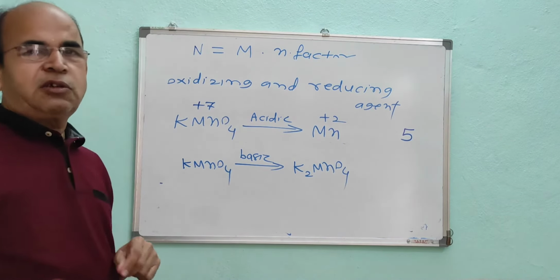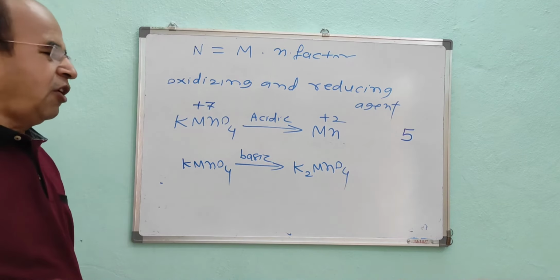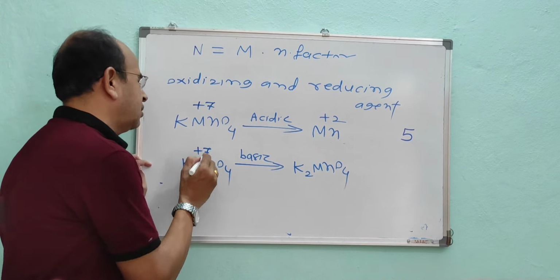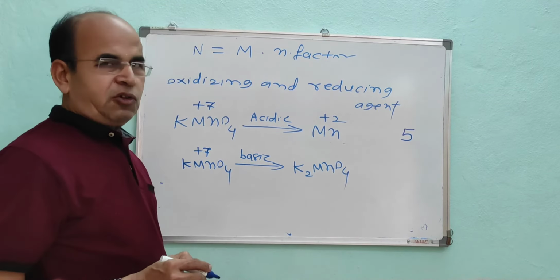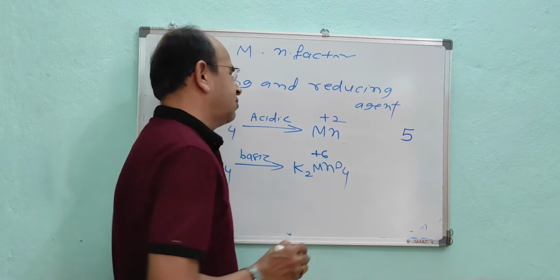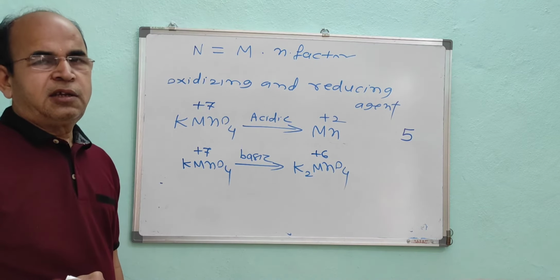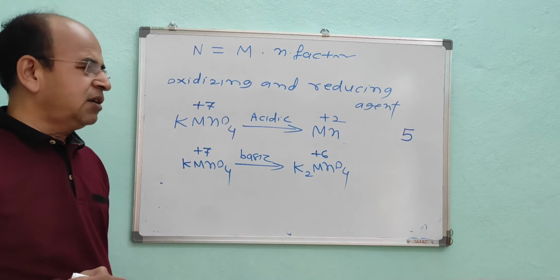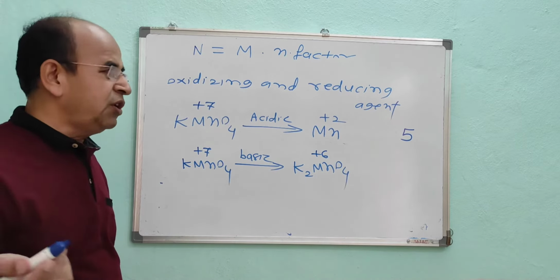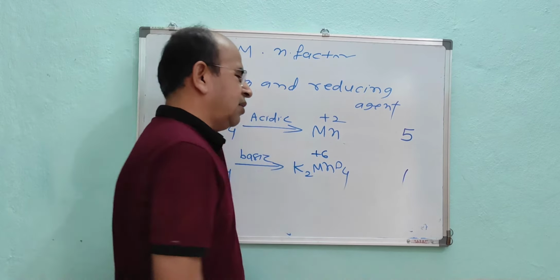See what is the change in oxidation state? Here it is plus 7. Here what is the oxidation state? Oxidation state is plus 6. What is the change in oxidation state? Change in oxidation state is just 1. So here N factor is 1.